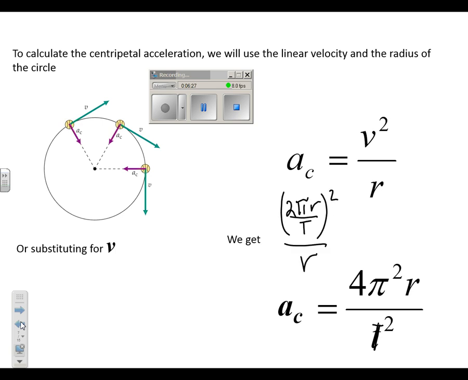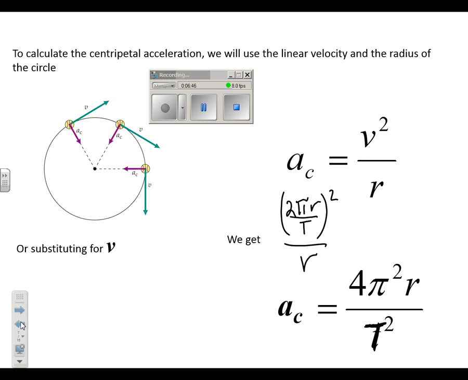That would be one way to write it. So when we distribute the squared, we end up with our 4, our pi squared, and r squared, which will cancel out one of the r's, and that's why we have 4 pi squared r over T squared.